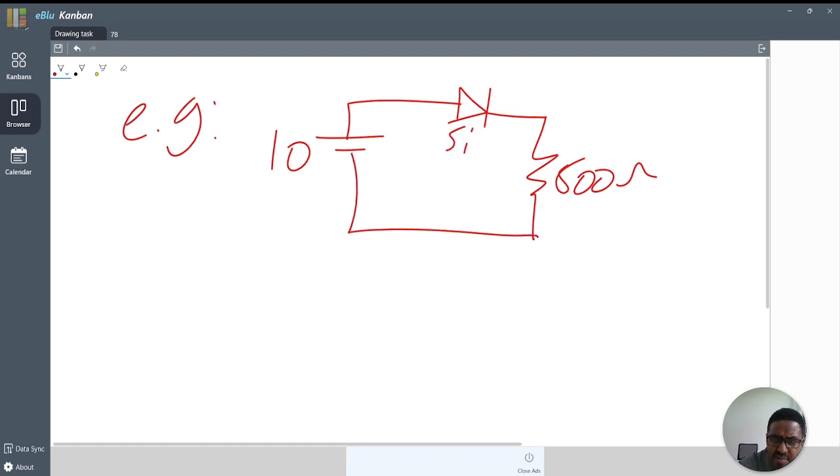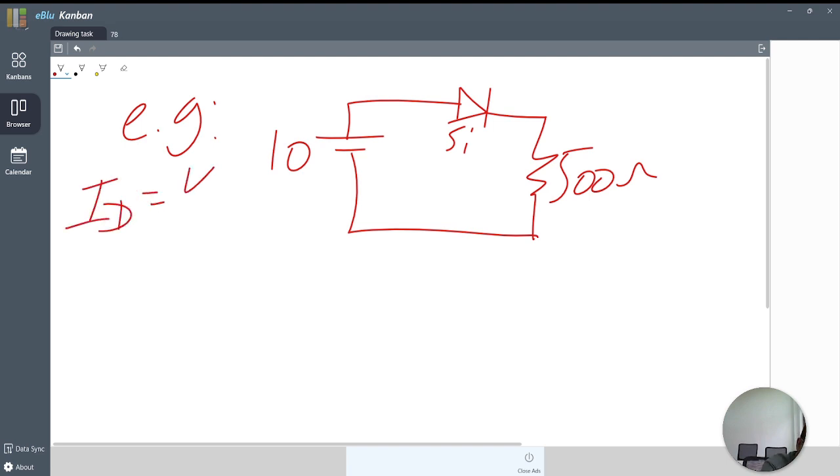This is a silicon diode. Now let's analyze this circuit. Find ID first.